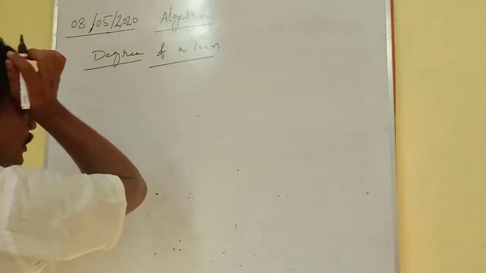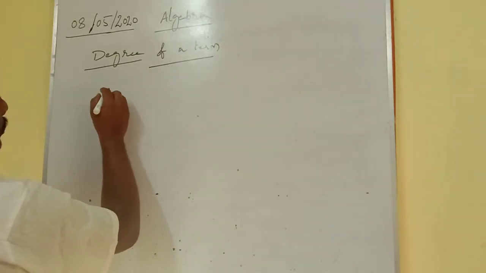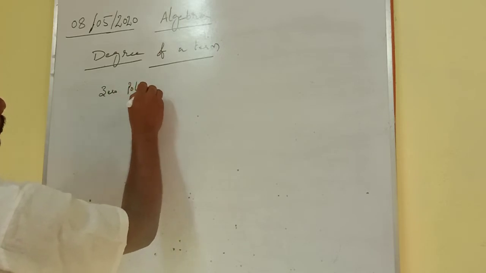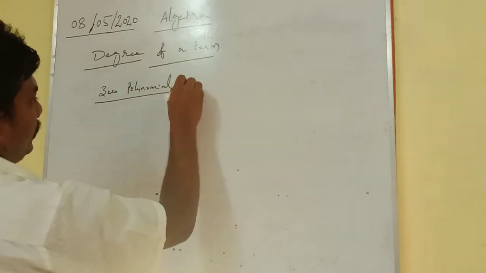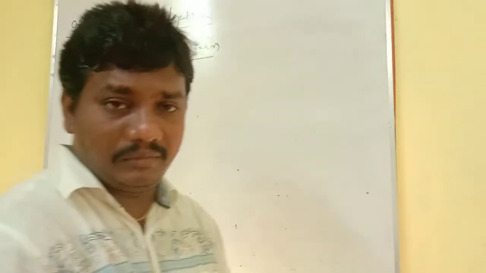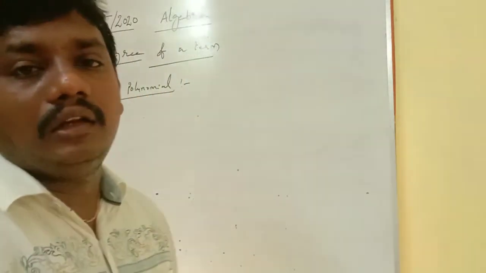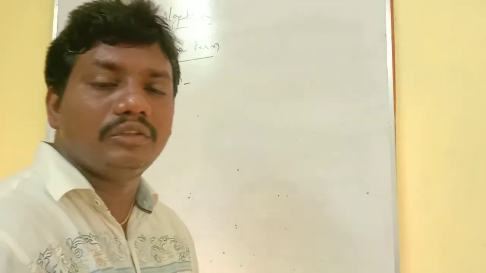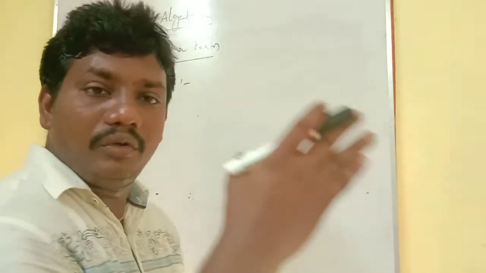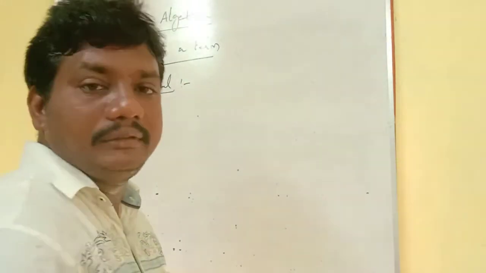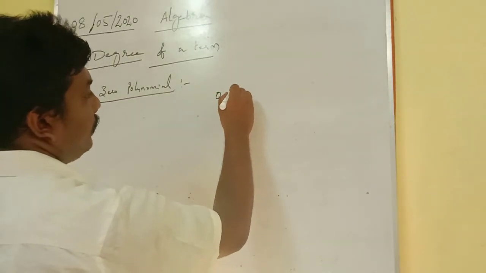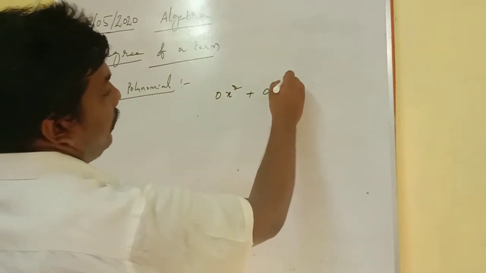Then what is the degree of the 0 polynomial? What is the 0 polynomial? A 0 polynomial is a polynomial whose numerical coefficients are all 0. In the polynomial, each and every numerical coefficient is equal to 0. Suppose 0x square plus 0x power 100.